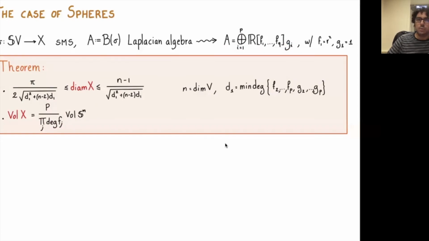Once again, as a corollary, this means that the volume of any such space is a rational multiple of the volume of the sphere, which goes in a direction of quantifying a vague concept that was probably already obvious from the algebraicity result, that these spherical manifold symmetries should be somewhat rigid.